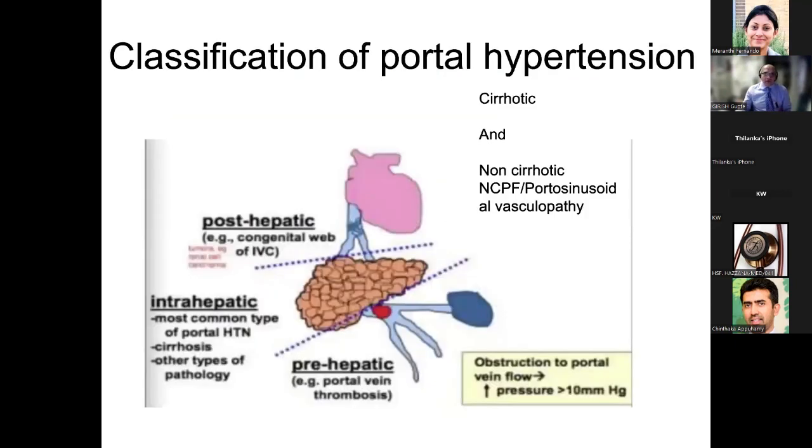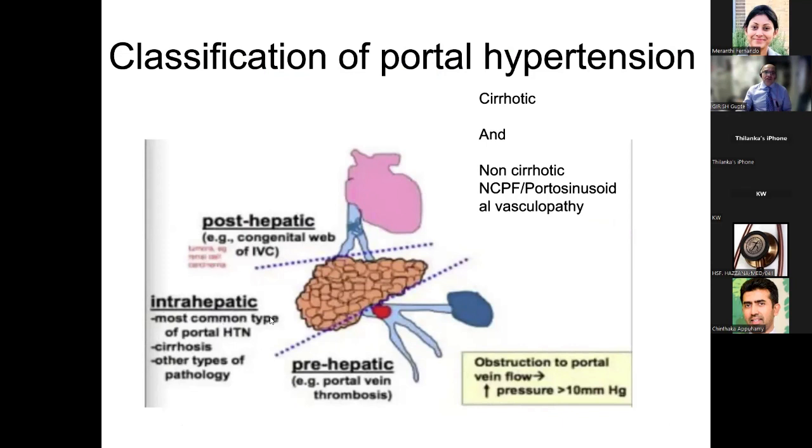Portal hypertension can be classified conventionally into prehepatic, where there are extrahepatic causes of portal hypertension like portal vein thrombosis; intrahepatic, which is the most common type of portal hypertension that we see in the Western world; and posthepatic, which is congenital web, IVC, or Budd-Chiari syndrome, or any condition related to the heart.